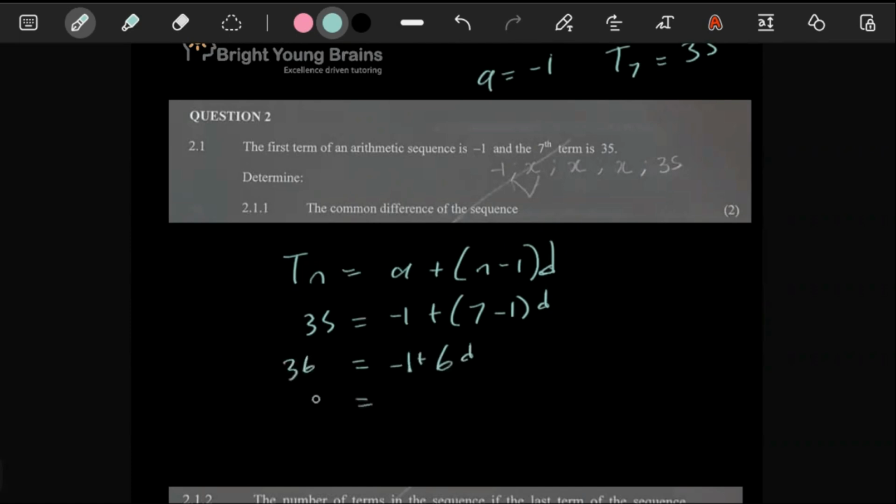The 1 can go over, that's going to be like 37. 37? Oh, this is looking weird now. 7 minus 1 is 6. Why does it look weird though? Because it's 37 divided by 6. No, that's not the answer.